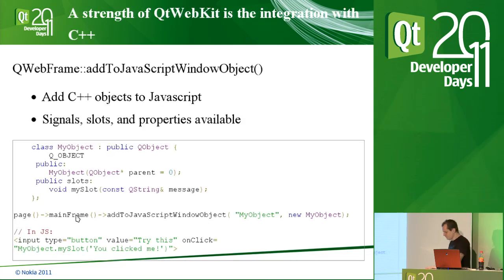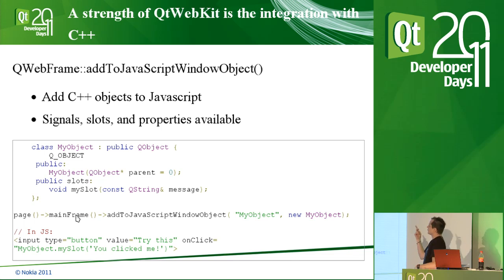So one of the strengths of QtWebKit is integration with C++, right? All I was talking about is just a tiny bit of HTML5, right? You can easily integrate with your existing app. So if you see benefits of using HTML5, then you can easily integrate it with your existing app.